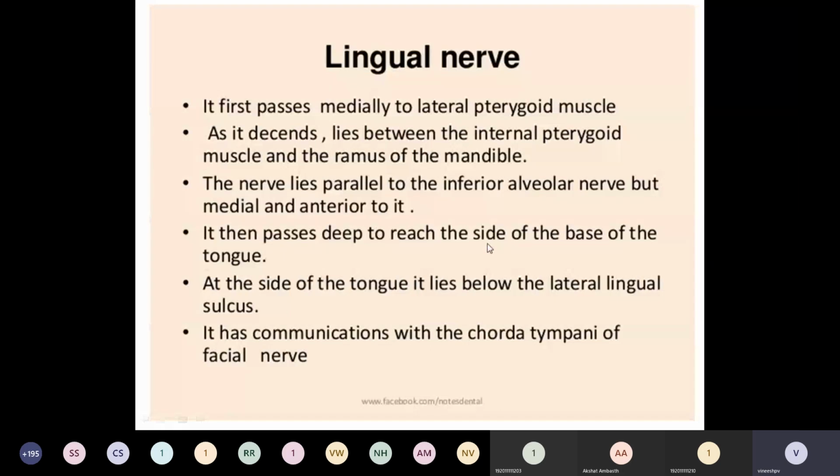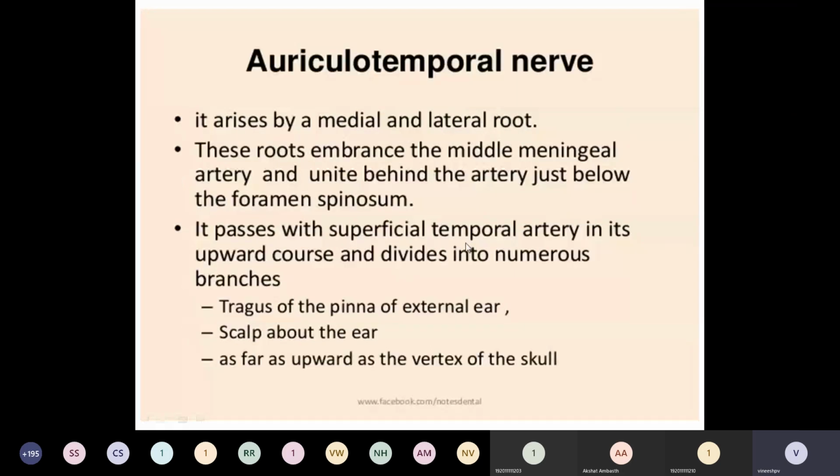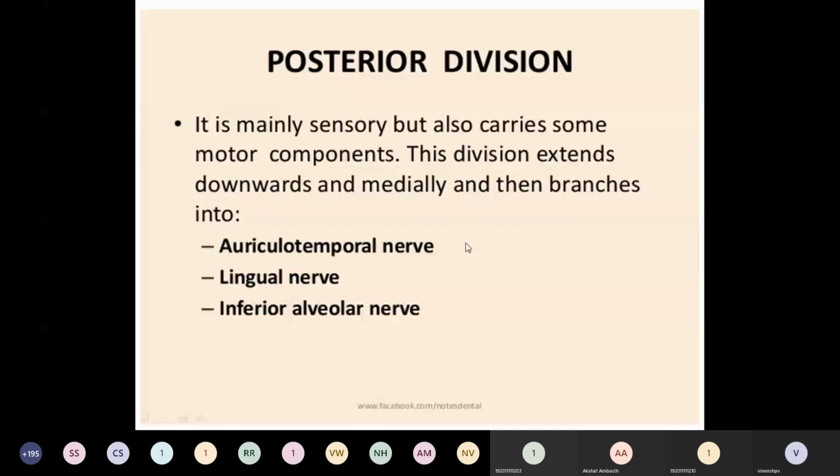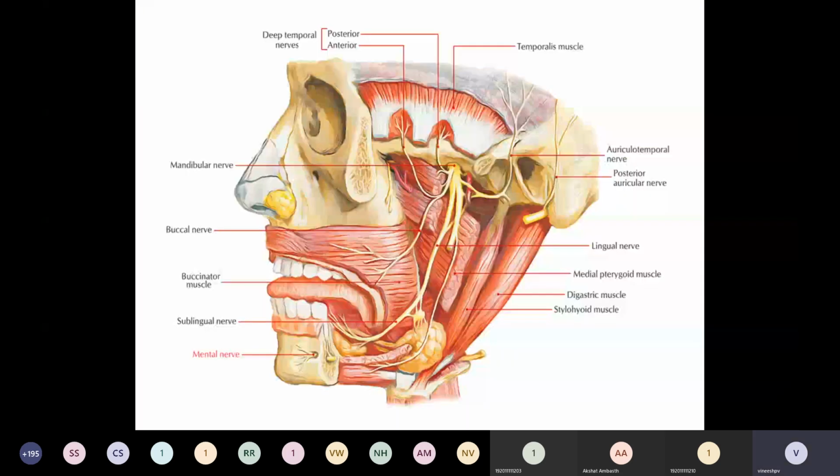Then it passes deep to reach the side of the tongue, and it supplies the anterior two-third of the tongue. Okay.